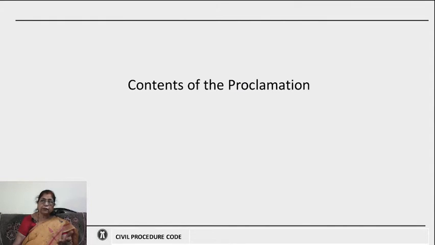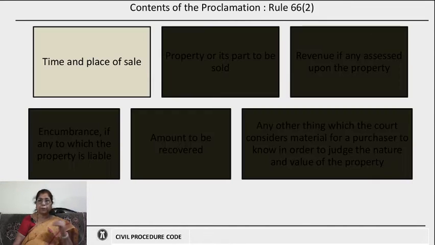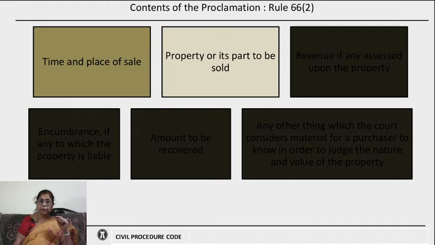What are the things which should be contained in the proclamation? These are the contents according to Rule 66 subclause 2. First of all, the proclamation should mention the time of the sale and the place of the sale of the property. Secondly, the details of the property, or whatever part of the property is to be sold.